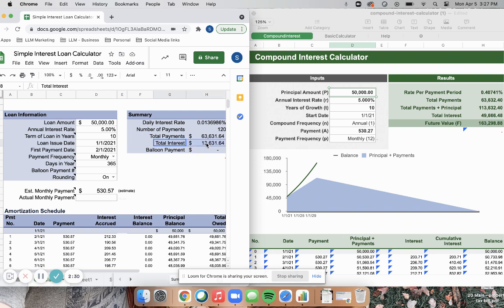What is the total interest rate? If I was going to set up this program and have $50,000 that I paid back over a 10-year period with a 5% rate, I'd be paying about $13,000 total, or a total future value of what I took out of $63,000. I borrowed $50,000, $13,000 of it was interest, $63,000 total.